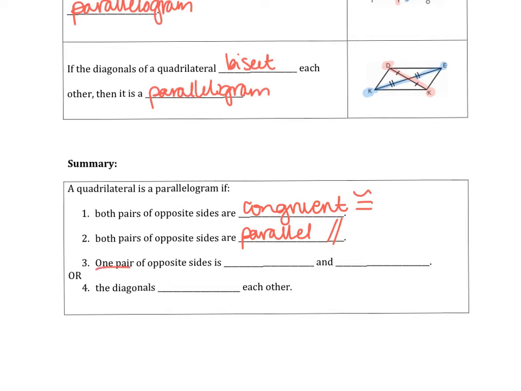And then this next one, remember, it's one pair of opposite sides is both congruent and parallel, or if the diagonals bisect each other. Those are the 4 different ways we can tell if a quadrilateral is a parallelogram.